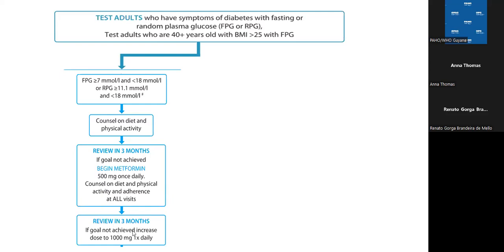If goal not achieved, increase dose to 1,000 milligrams once daily. And remember, if you choose to start metformin on higher doses, it may increase the risk of side effects, especially diarrhea, which is the main cause of treatment withdrawal. So again, start low and go slow.